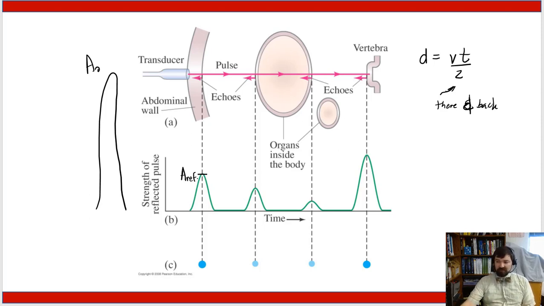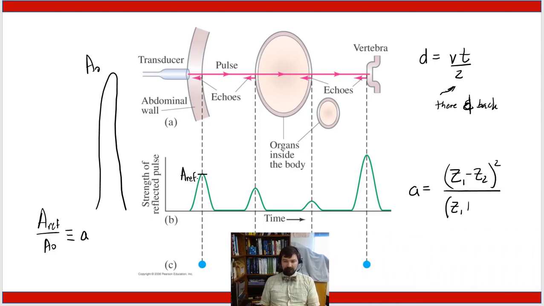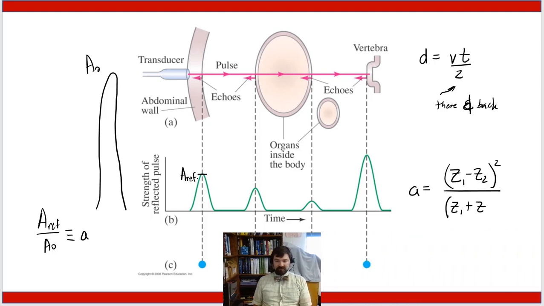Well, it turns out that this ratio, A reflected over A naught, is defined as the amplitude reflection coefficient, little a. And it turns out that the amplitude reflection coefficient little a is given by the difference in a thing called impedance squared, divided by the sum squared of those impedances.